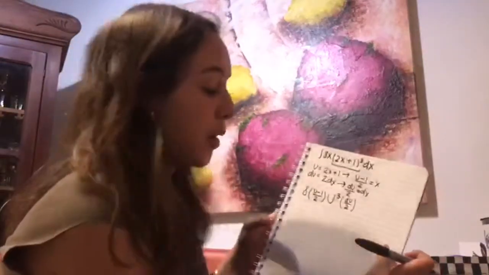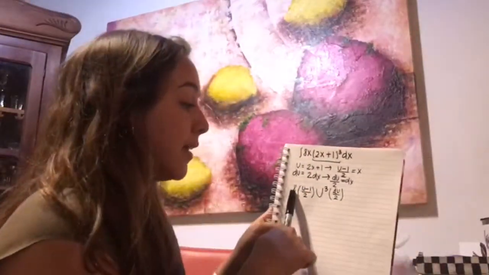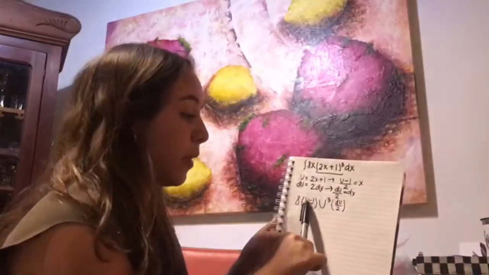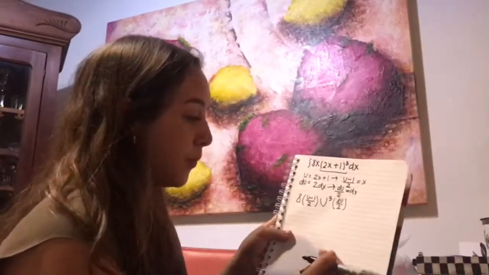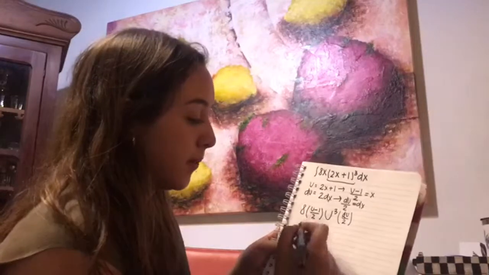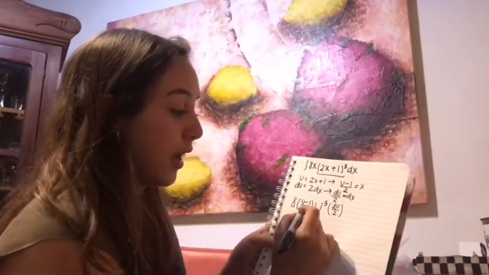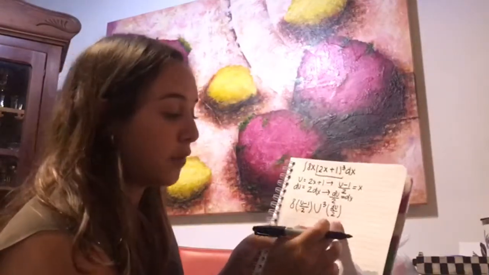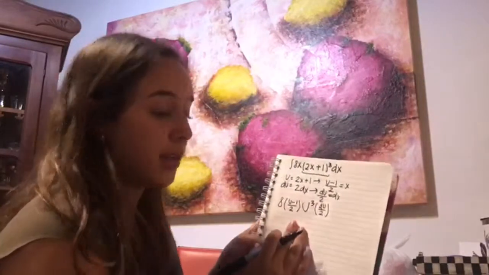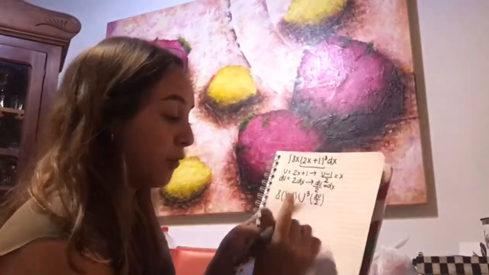Our next step will be to multiply our 8 with what is 1/2 in here and 1/2 in here. So it's gonna be 8 times 1/2, and what we have of that times 1/2. So 8 times 1/2 is 4, and 4 times 1/2 is 2.